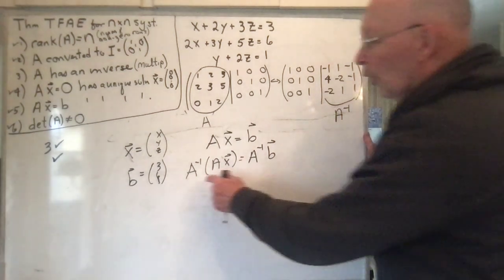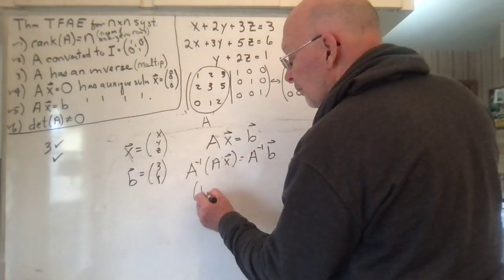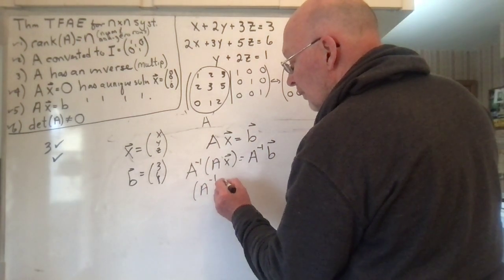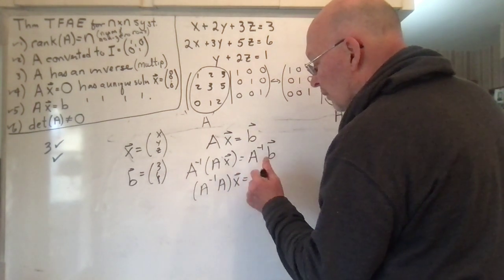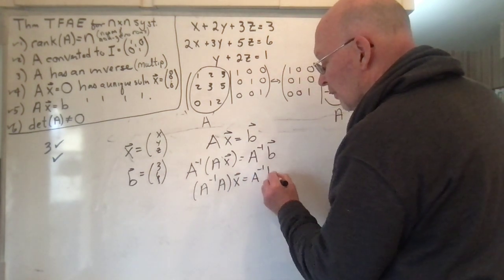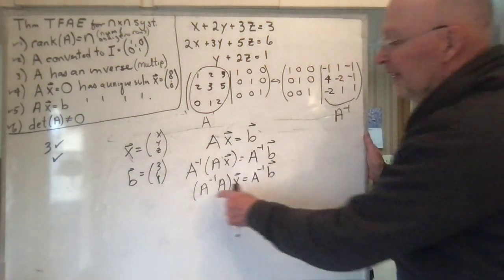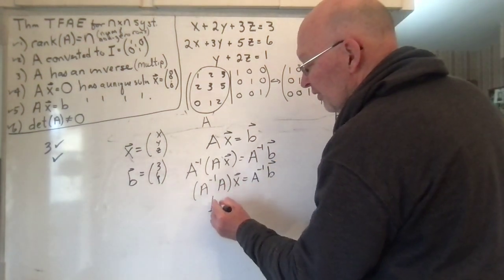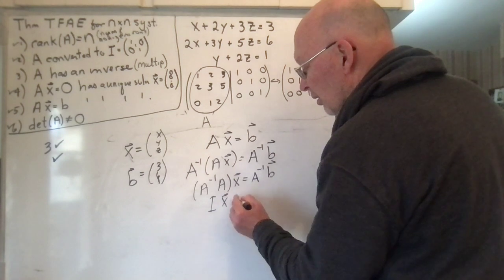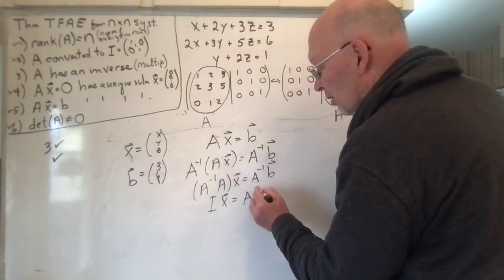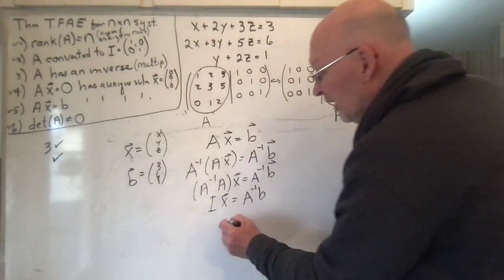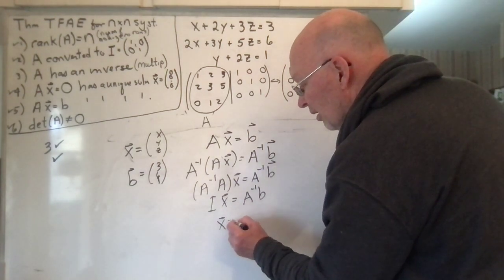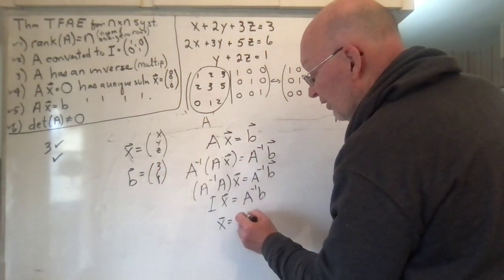And then I can reorder them. And then this thing gives me the identity matrix. And the identity matrix times anything just gives me X. The vector X.